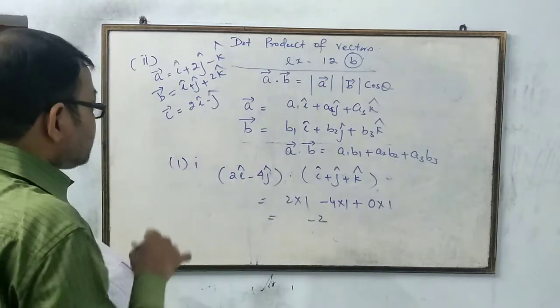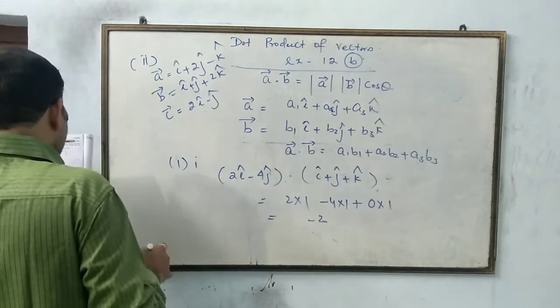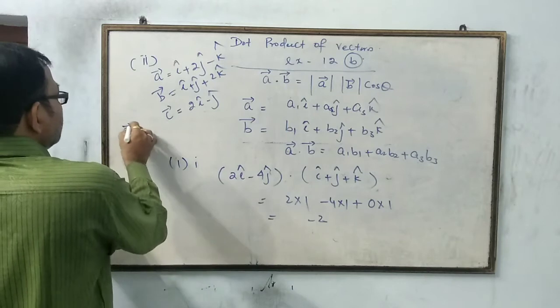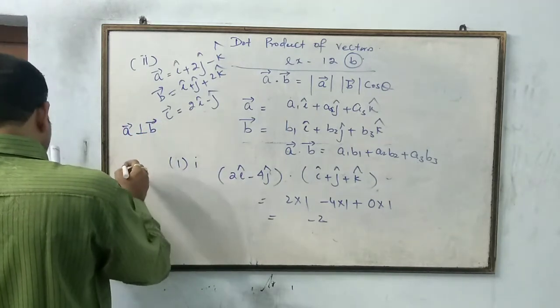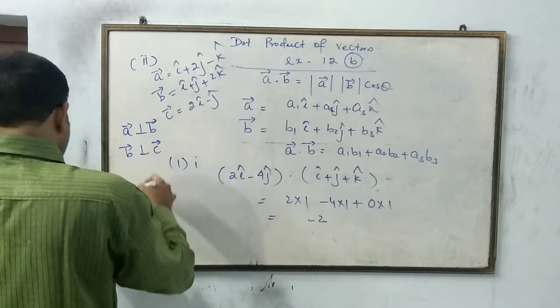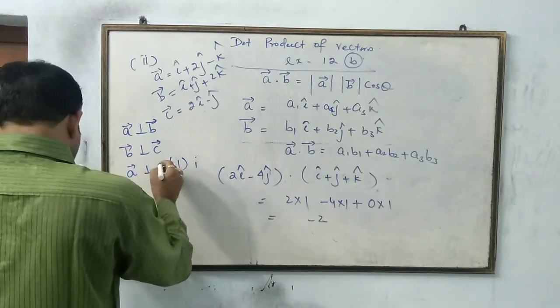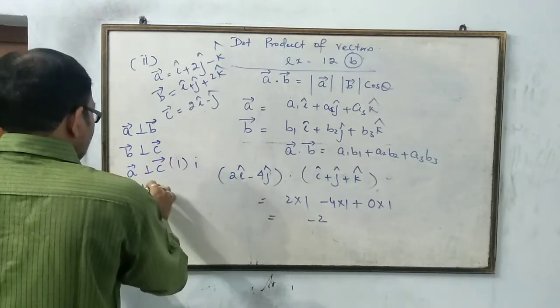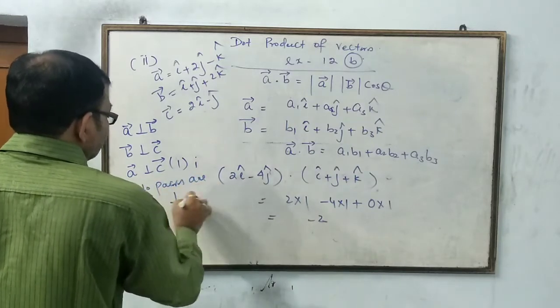Which one is correct? Options are: a perpendicular to b, b perpendicular to c, a perpendicular to c, or no pairs are perpendicular.